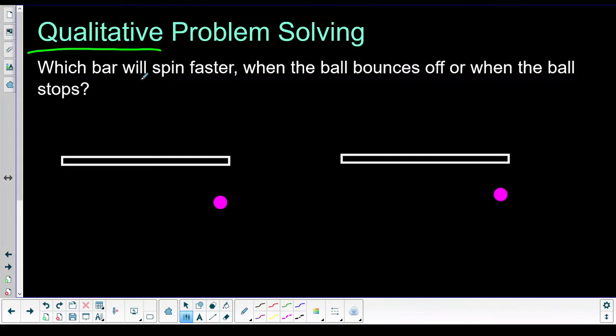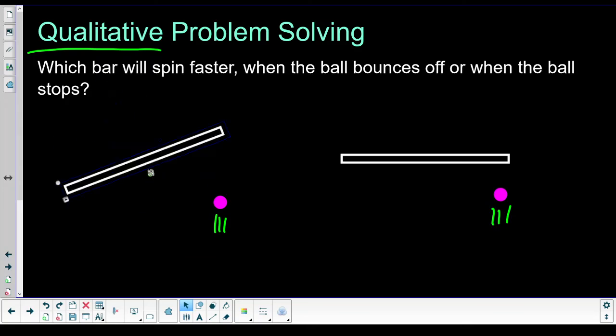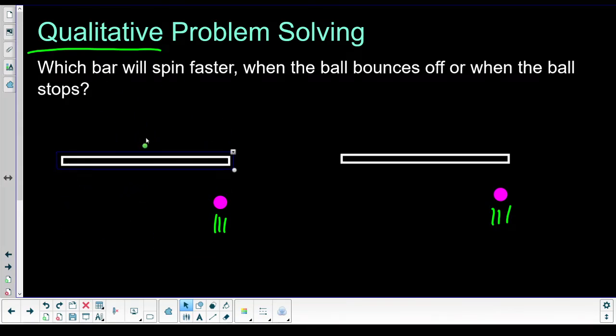So, which bar will spin faster when the ball bounces off or when the ball stops? So, we've got two situations here. We've got two physics spheres approaching this bar, and the bar is free to rotate like this. We want to know which one will spin faster.